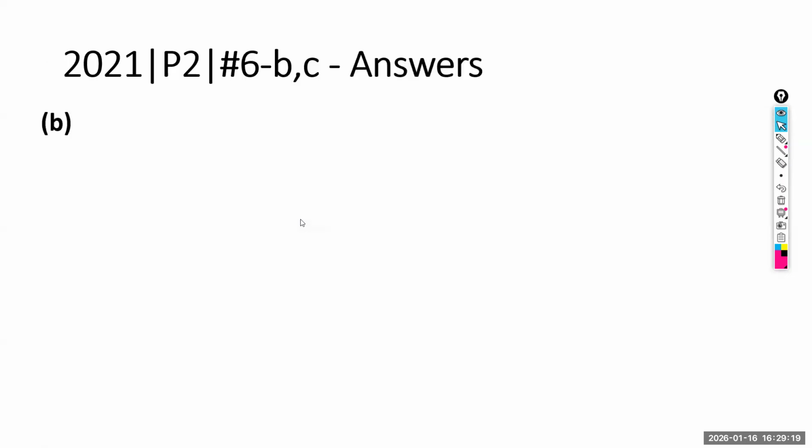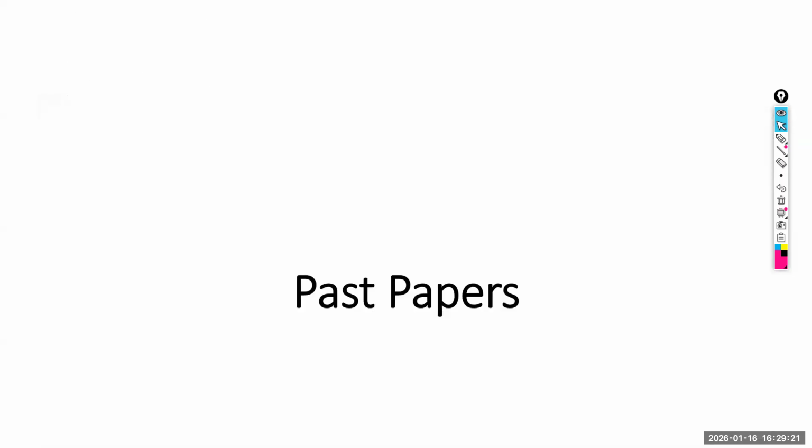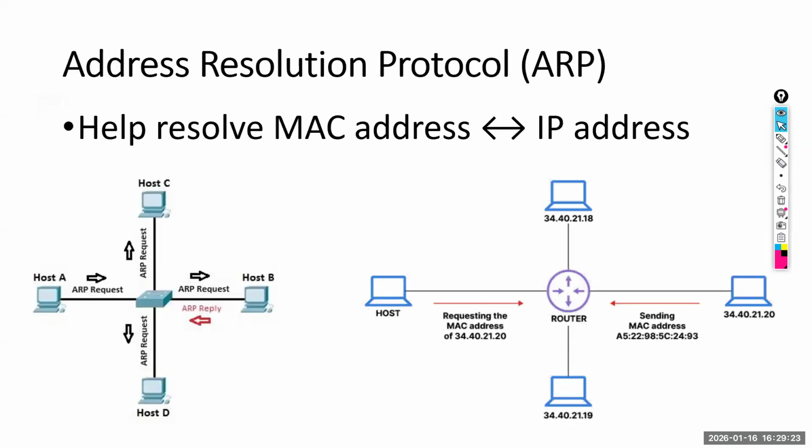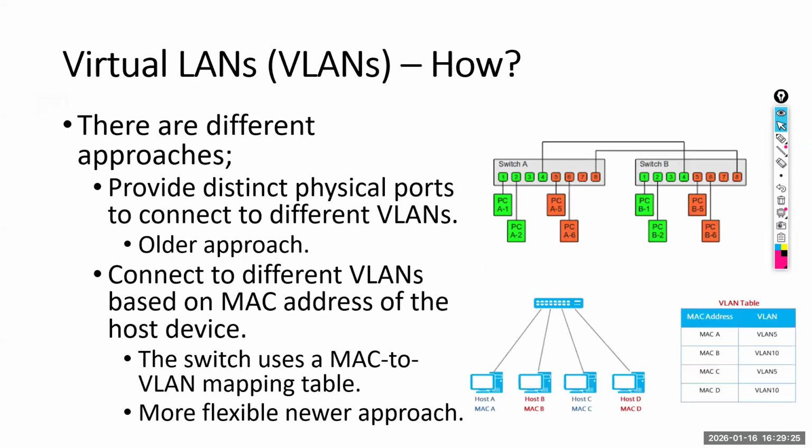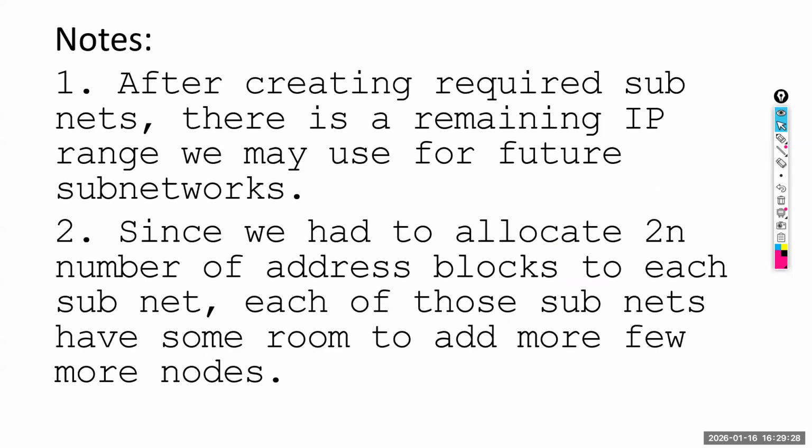So now we can do a few more questions, but before moving to that, I just want to finish our theory part. Now we are done with IPv4 subnetworking. We'll do maybe one or two more questions, because this is the most complicated, most difficult, but not impossible part in computer networking.